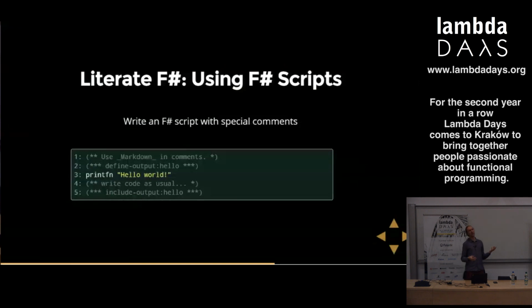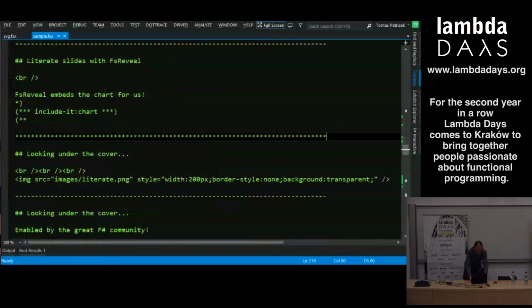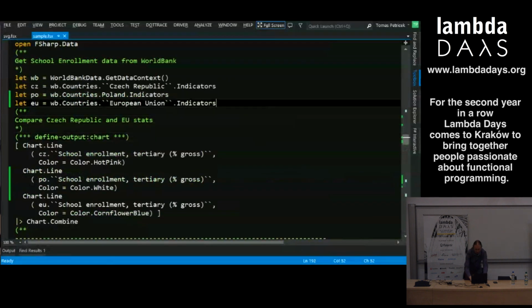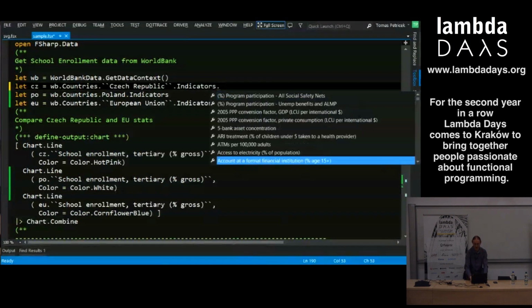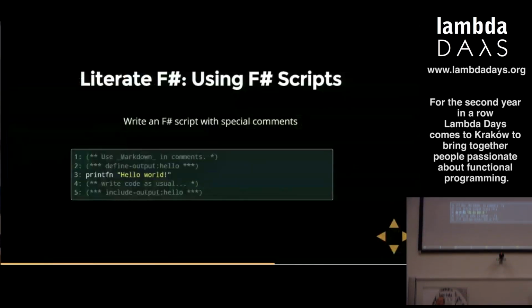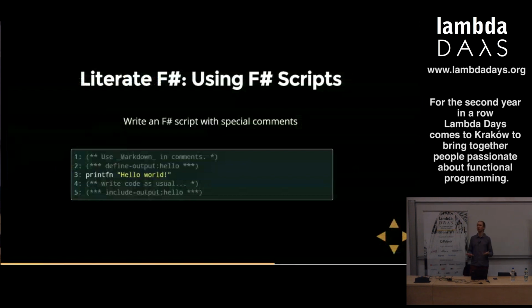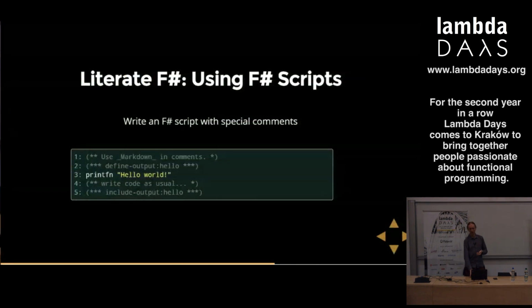The nice thing about this is that you can just open your code in any FSharp editor. The editor will understand it and ignore all the special comments. When you're typing the code, like I was doing here, I can do dot and see all the indicators. So the main reason to use this style is that you can use any normal FSharp editor.